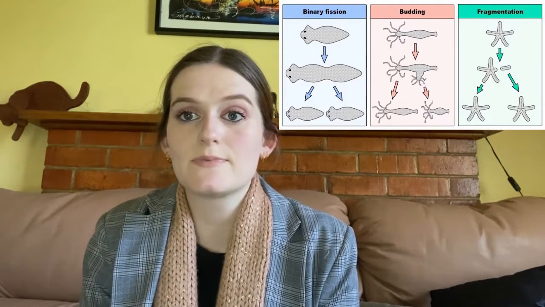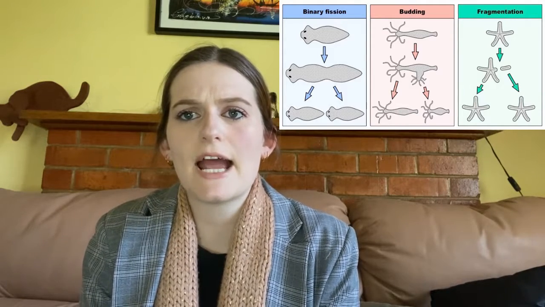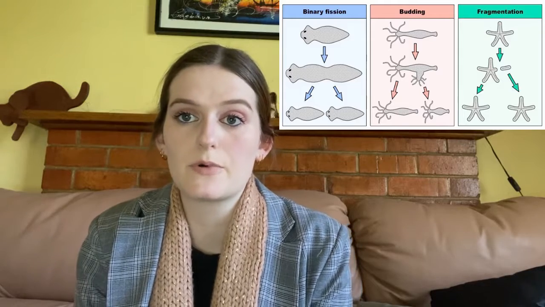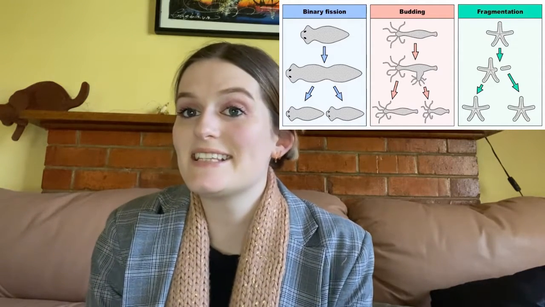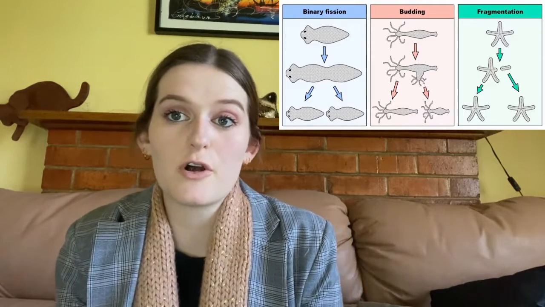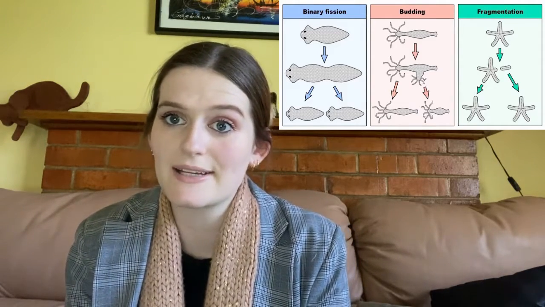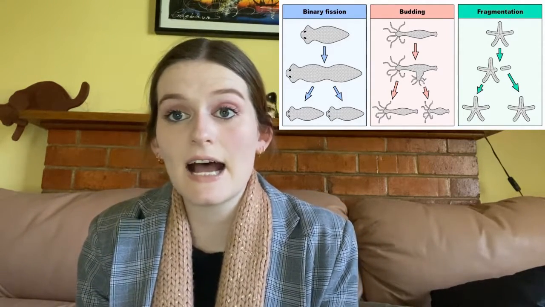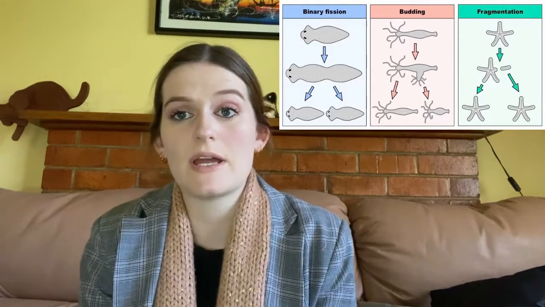Another process which we see is called fragmentation. In fragmentation, part of the initial organism can be broken off. This broken off piece is then able to grow back the other half of itself which is missing. As a matter of fact, this is how starfish reproduce. They reproduce through fragmentation.